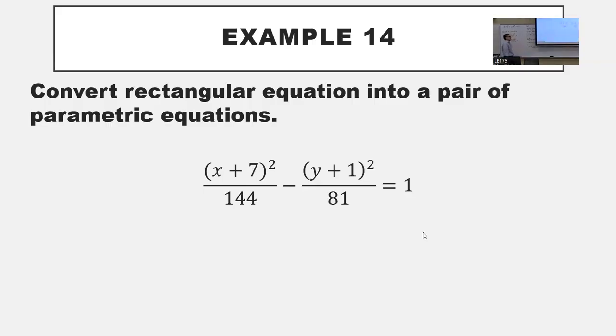I'll skip example 13 and go right to example 14. I want you to try this example. This is a hyperbola. Try to convert this thing to a pair of parametric equations.